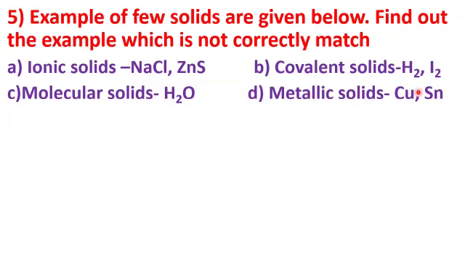Hence this match is correct. D can be eliminated. So B, if you consider covalent solids, H2 and I2 are not examples for covalent solids, but these are examples for molecular solids. Okay. So option B is not correctly matched. So answer is covalent solids.